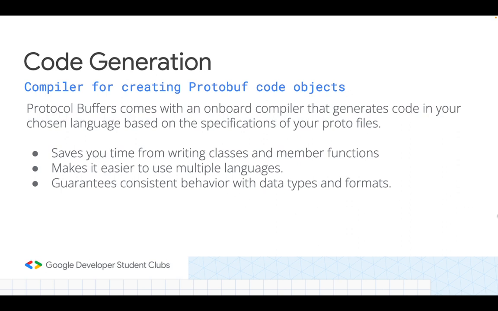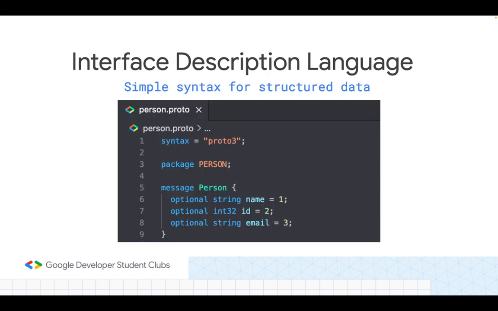And then you can import that into your gRPC project or really any type of software solution that you're using and easily access all the data from it. So instead of having to manually check strings from a JSON response object, now you can programmatically access the name, the ID, and the email.